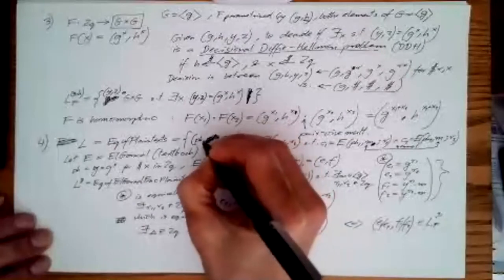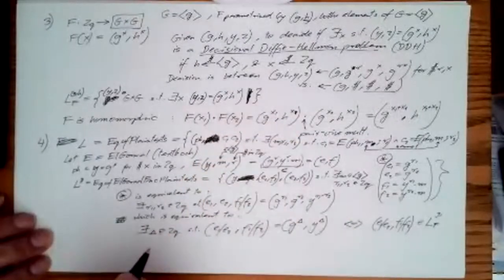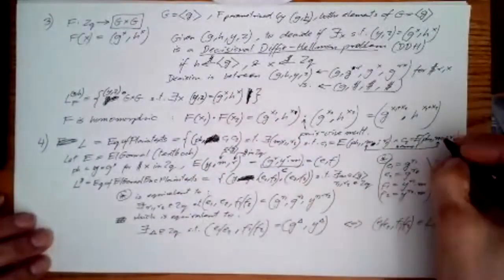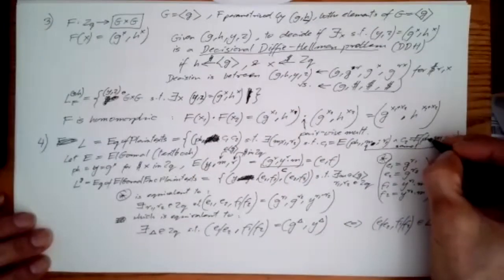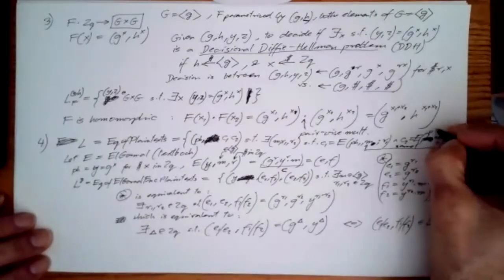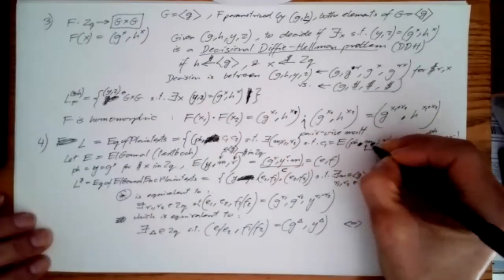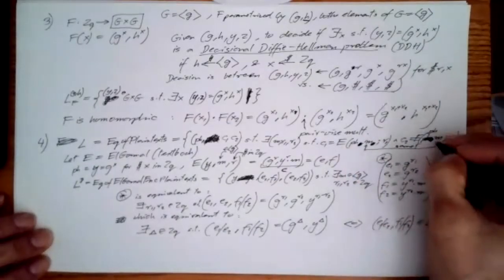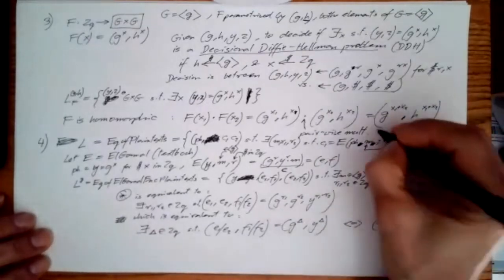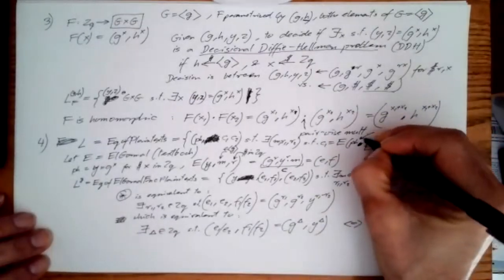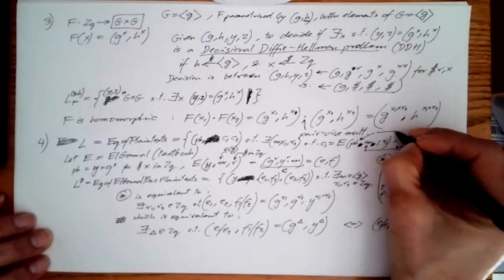Let's kick out the second public key and make these two public keys equal. So the public keys are also equal.